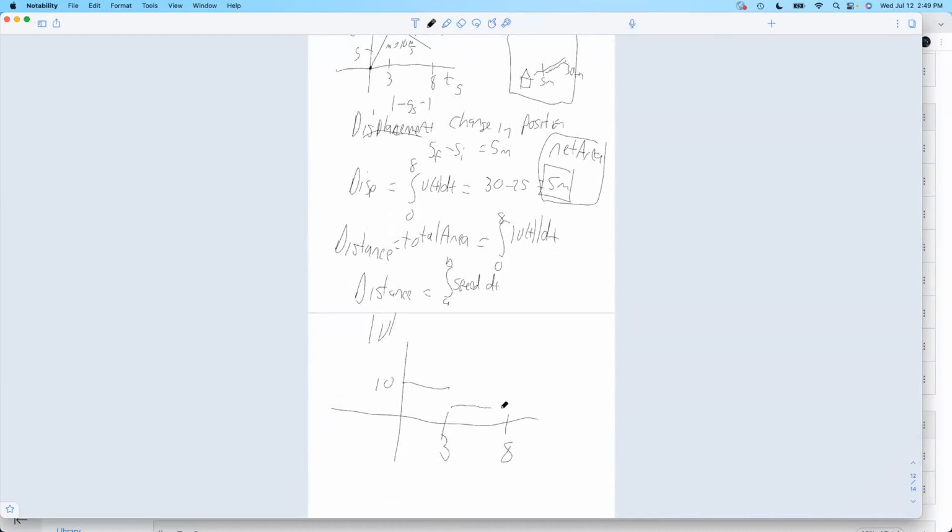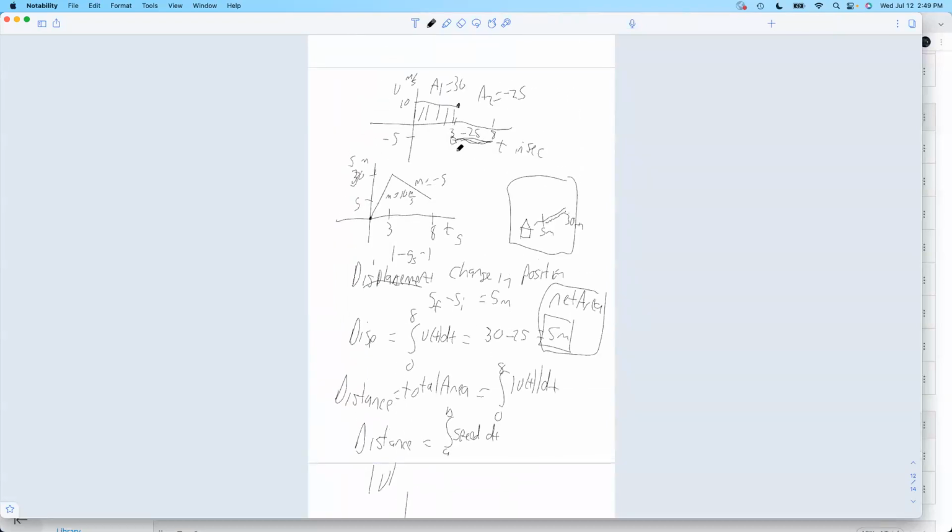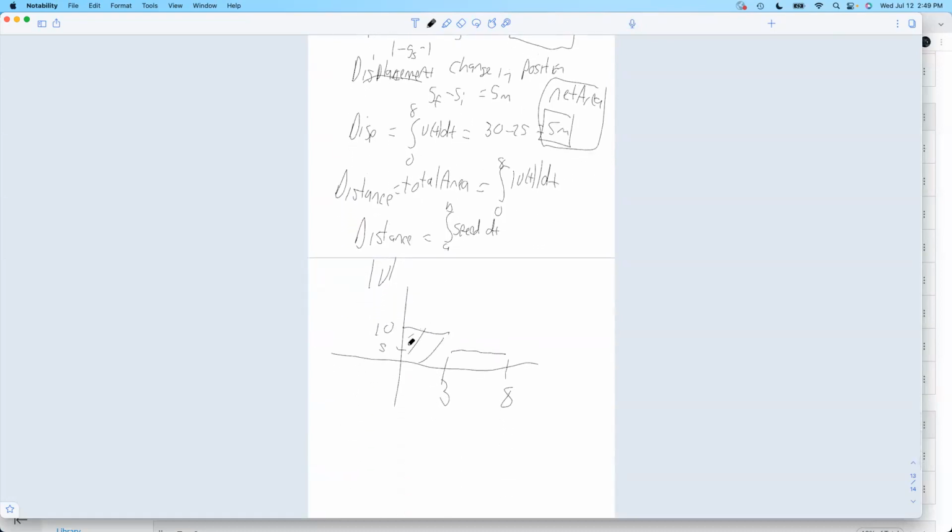And then this part, we make positive. See, instead of having him down here below the axis, we flip it up and make it positive. So now we want this total area, which was 30 plus 25, 55 meters.